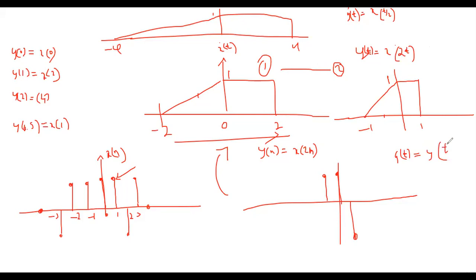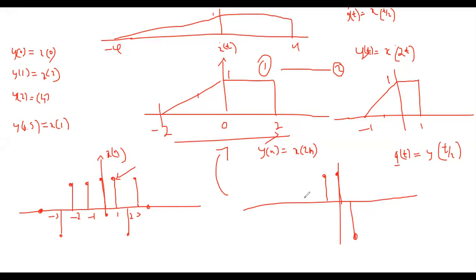I took x of t, did y of t equal to x of 2t, and the signal got compressed. Now if I do q of t equal to y of t by 2, what's going to happen?